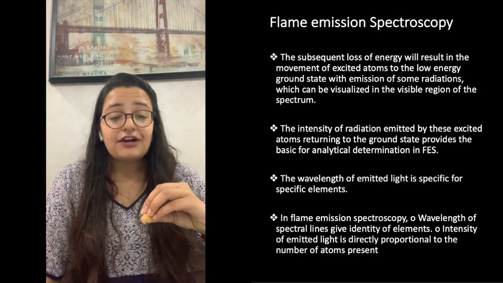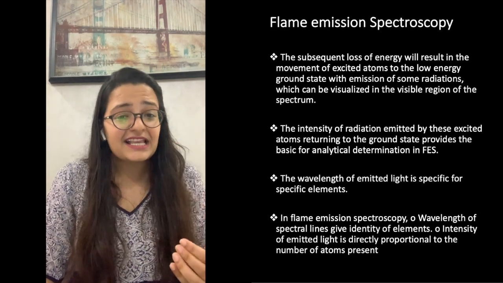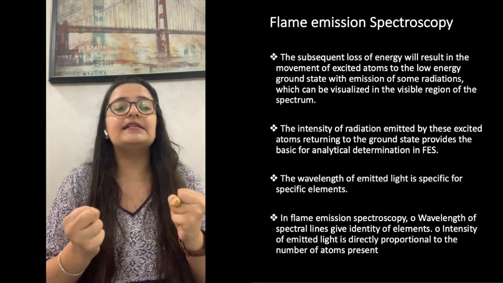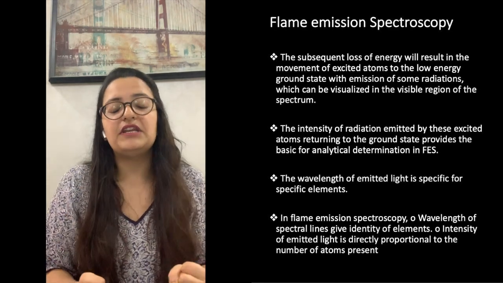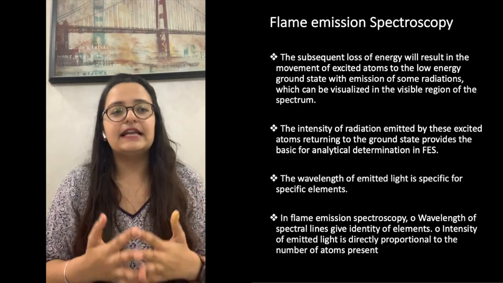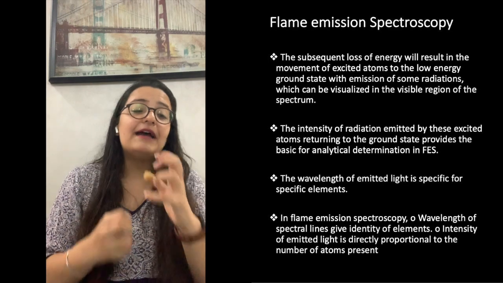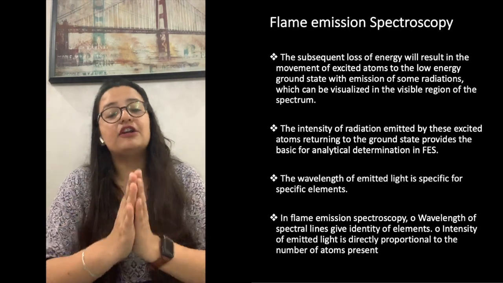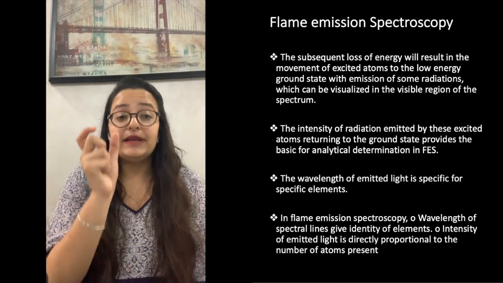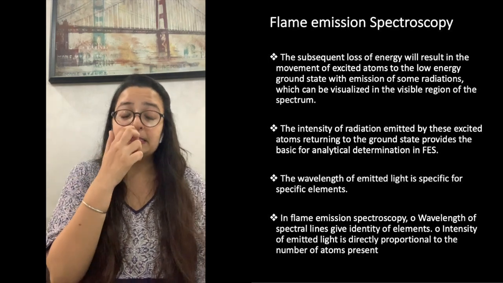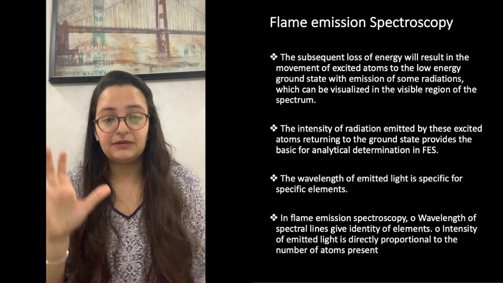The intensity of radiation emitted by these excited atoms returning to the ground state provides a basis of analytical determination in FES, that is flame emission spectroscopy. The wavelength of the emitted light is specific for the specific element.